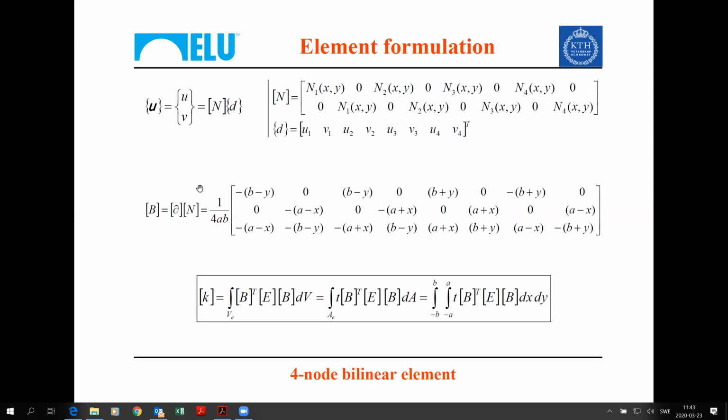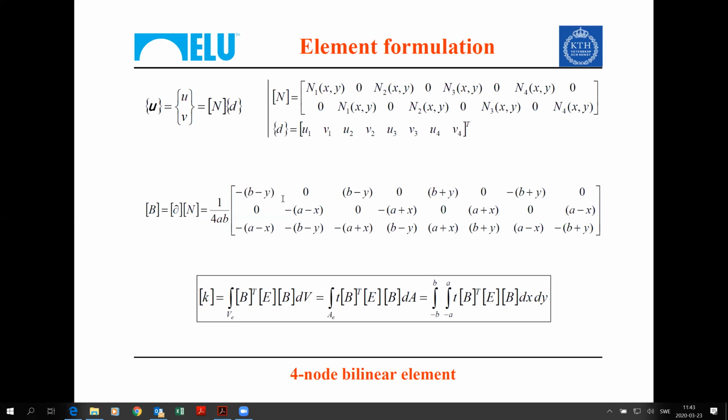The B matrix is simply obtained by applying our differential operator to the matrix of shape functions. On the first row, we will have dN1/dx, 0, dN2/dx, 0, dN3/dx, 0, dN4/dx, 0.